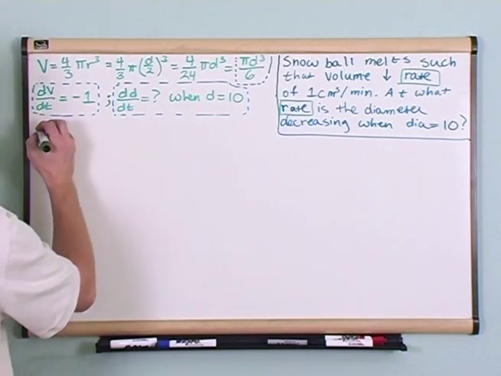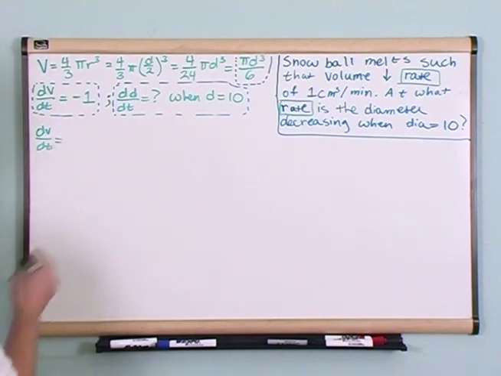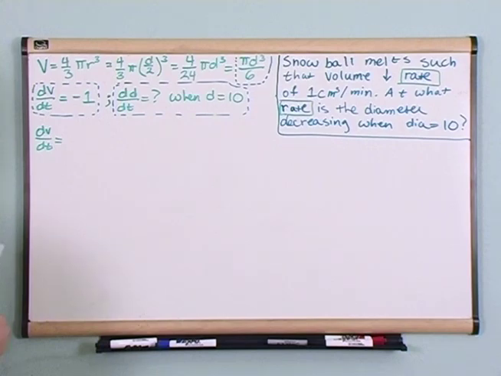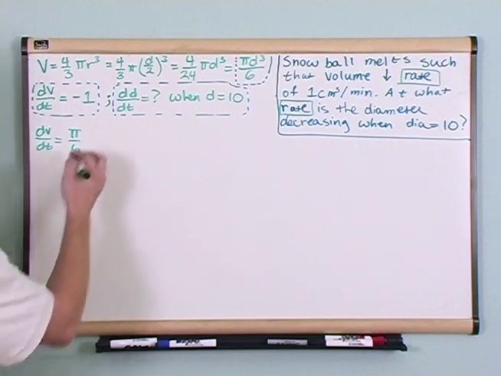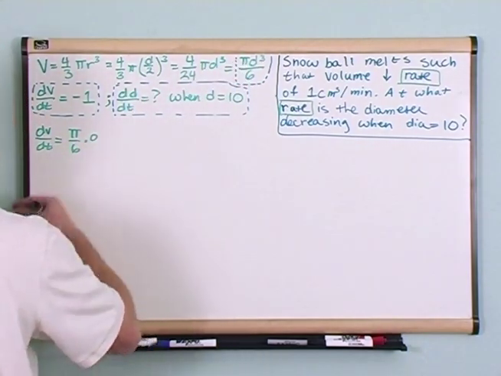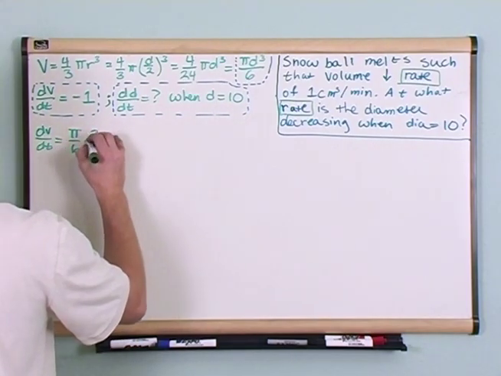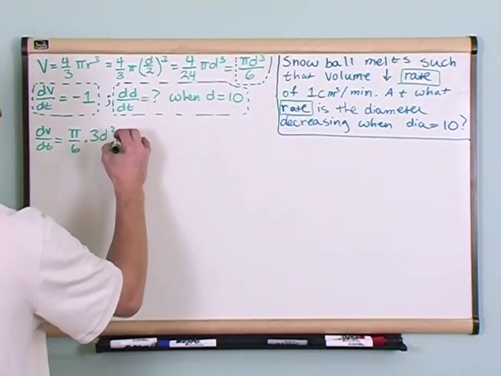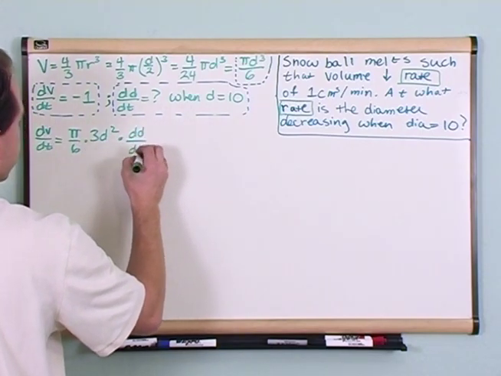So dv dt, the derivative of the volume with respect to time, is going to be pi over 6 times, you got d cubed, so you have 3d squared, because the 3 comes down, d squared, and I'm going to explain this in a minute, but it's going to be times dd dt, okay?